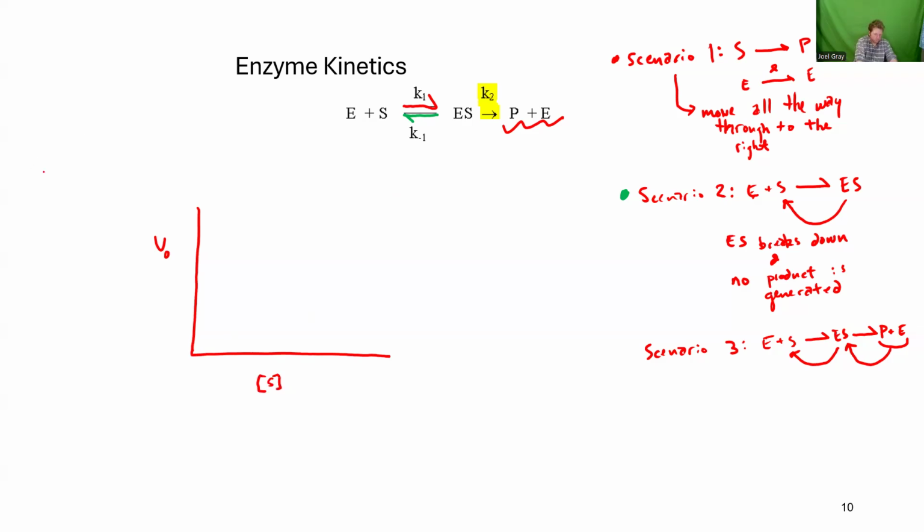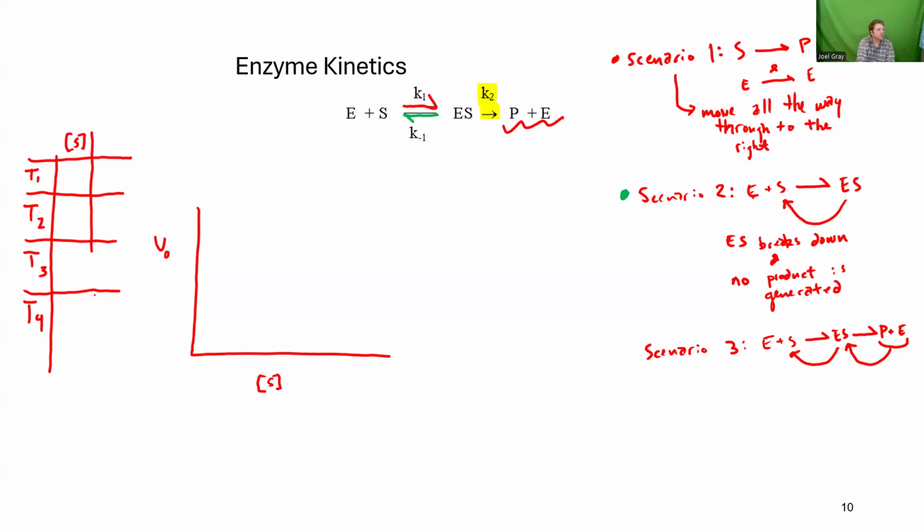So I'm going to put together a series of trials: T1, T2, T3, T4. In these experimental trials I'm not going to vary the concentration of my enzyme. What I am going to vary is my substrate concentration.